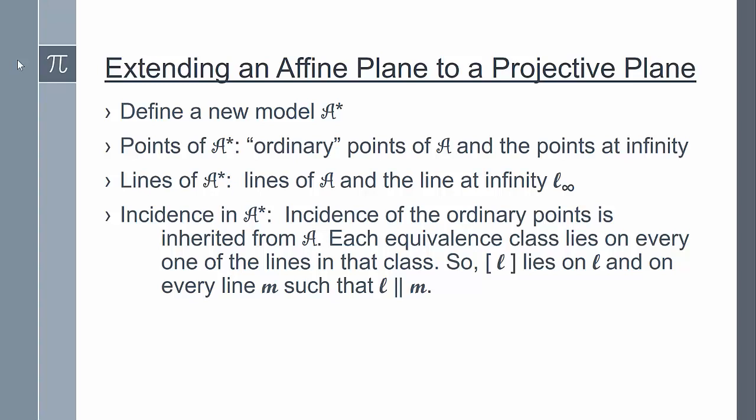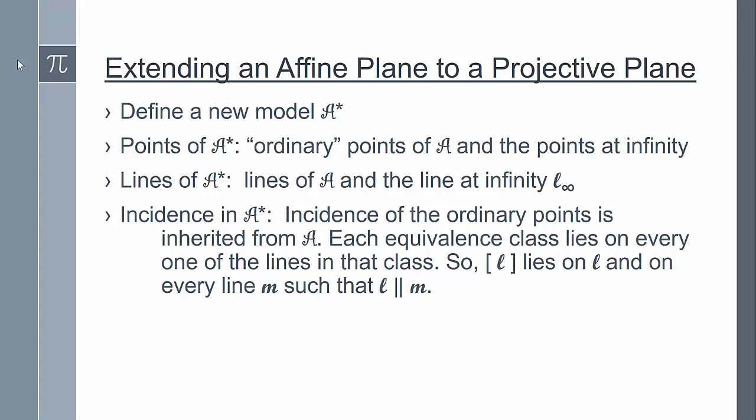Now we're going to extend this definition of incidence to state that each equivalence class, each point at infinity, lies on every one of the lines in that class. So, for example, the equivalence class of L lies on line L and on every line M that is parallel to L. Note that in the affine plane A, if L and M are distinct lines that are parallel, they don't meet.